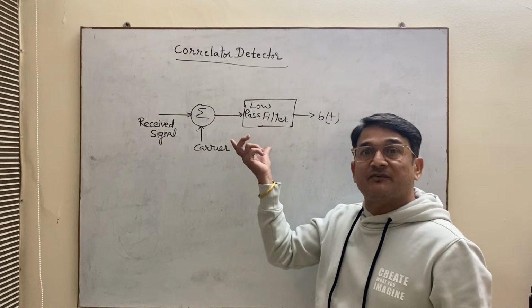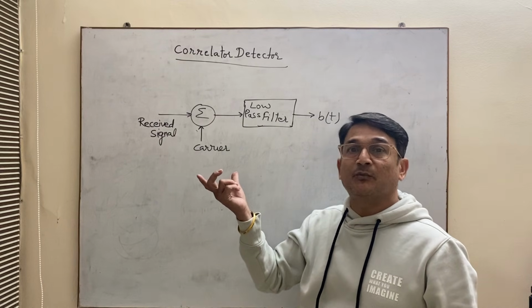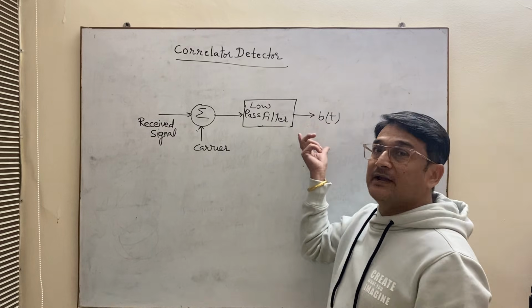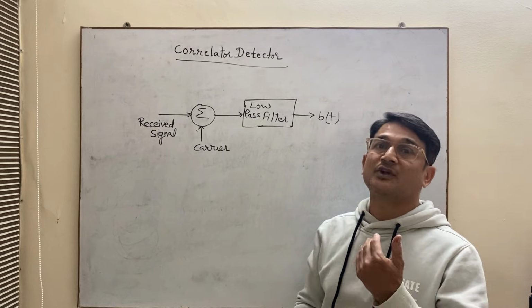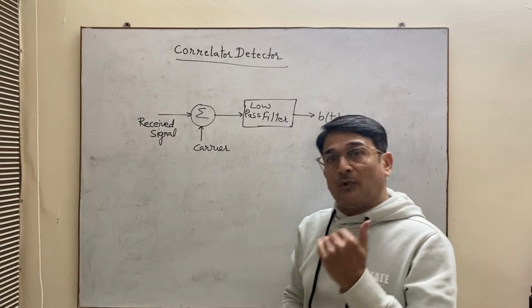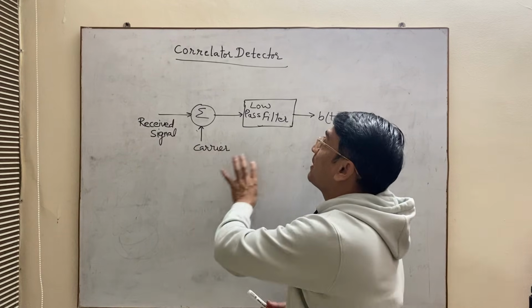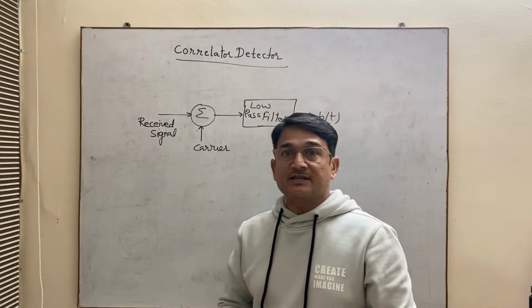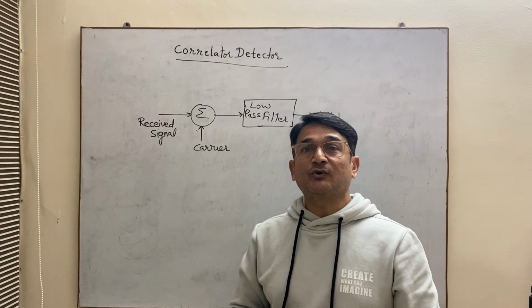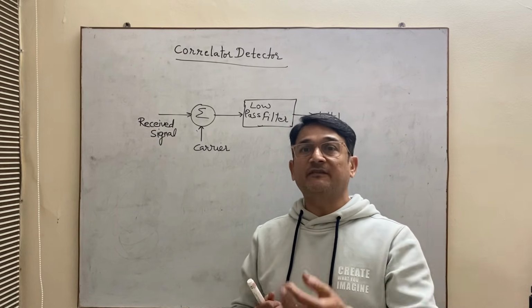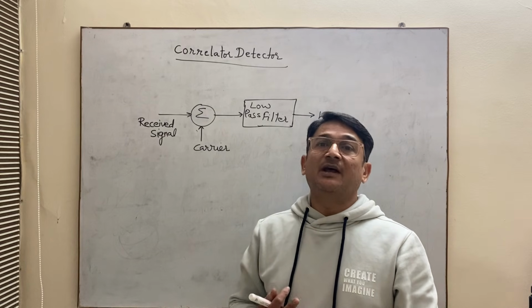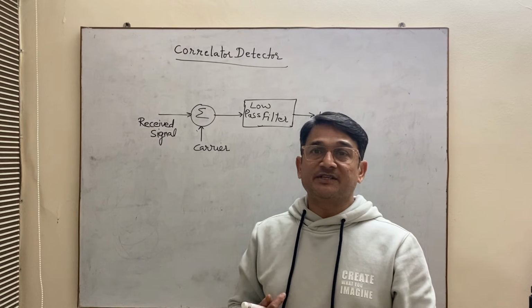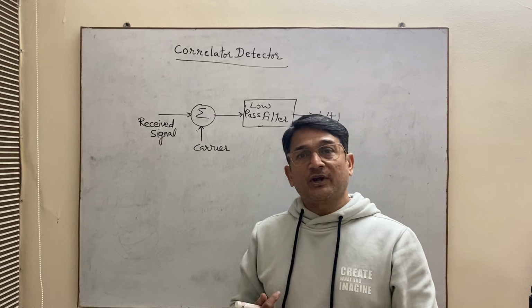When this carrier signal is multiplied with the received signal, it will be passed through a low pass filter which will remove the high frequency component and give you the desired signal which you used for the purpose of modulation. So this is how correlator detector works. You have already understood the concept of correlator detector in many videos, because we have already studied amplitude modulation, amplitude shift keying, frequency shift keying, pulse amplitude modulation, and so on.